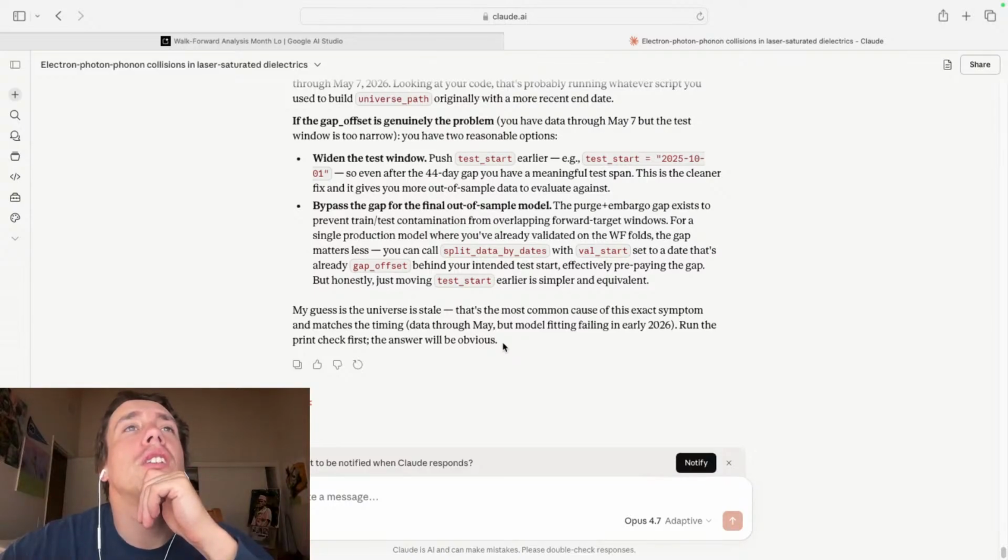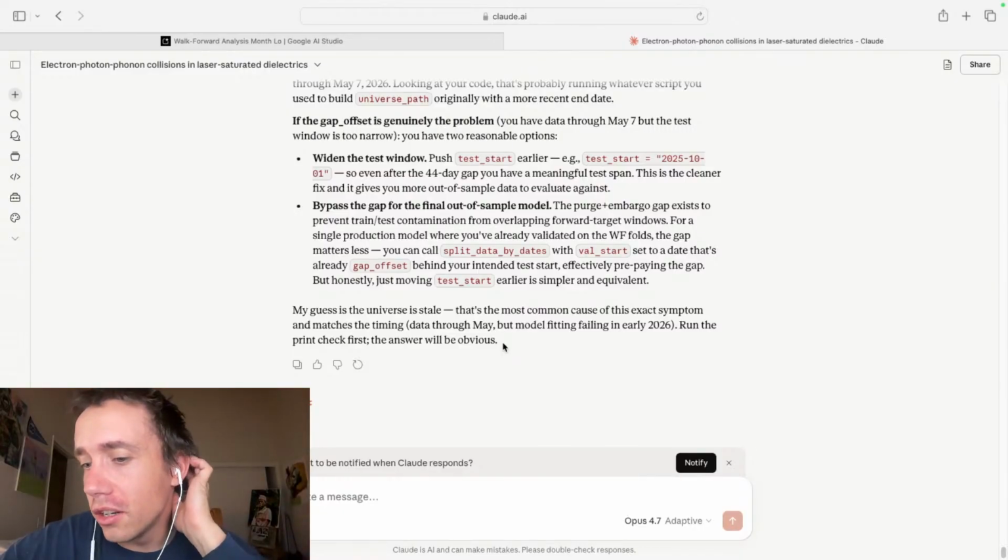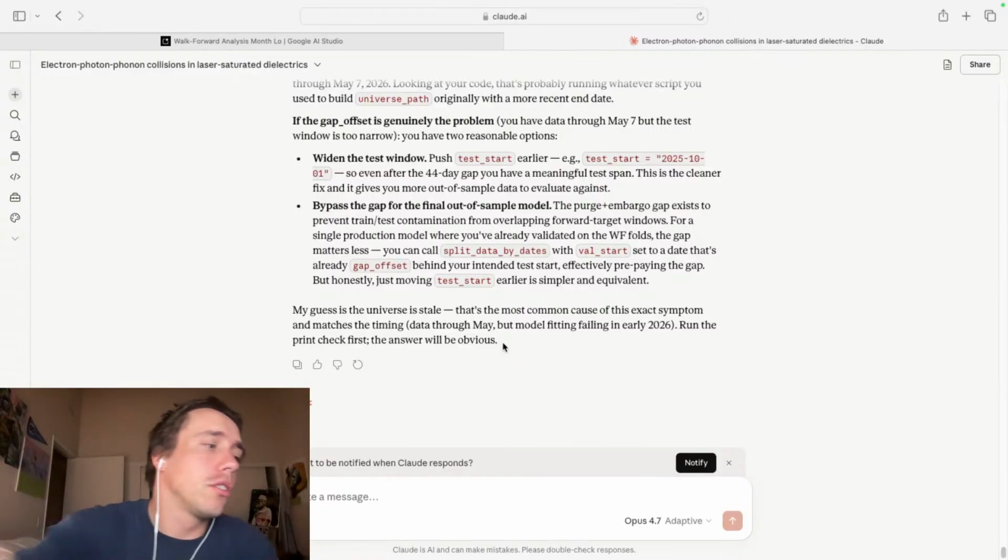Oh, moving the test start earlier. I guess I don't really have to see how the model does, because if I move the test start earlier, I'm going to lose data.